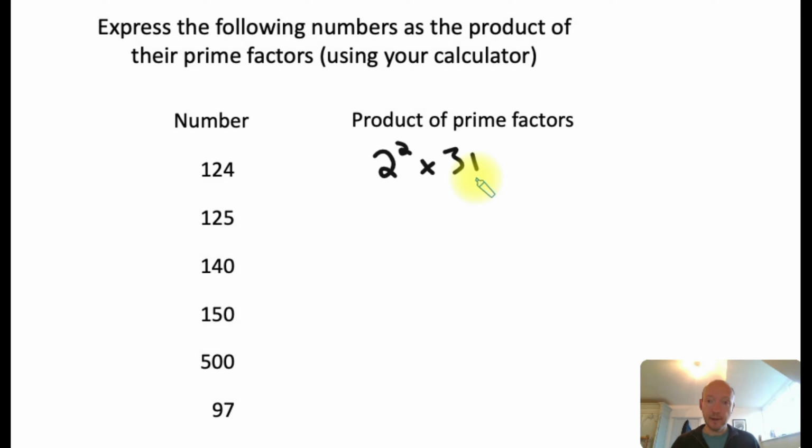125, again, exactly the same thing. So we're going to do 125 equals shift fact, and that is just 5 cubed. Remember, actually, before we looked at 125, so that was a cube number. 140, again, do the same.